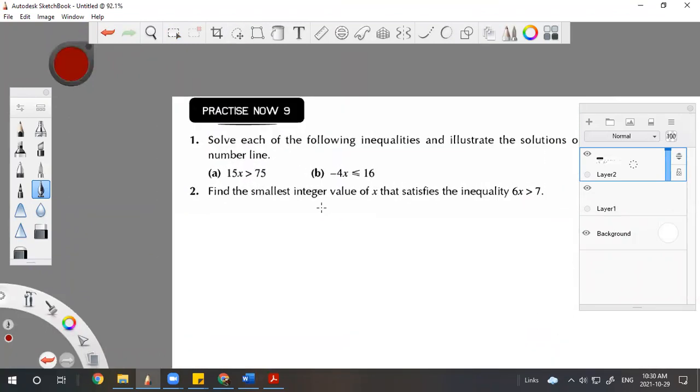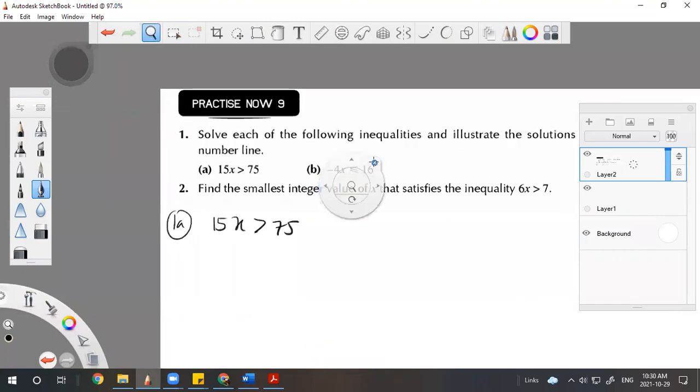Oke, lanjut ajar. 8, 1, 8. 15x is more than 75. So you have to find the x sama, cuman bedanya dia cuman sign-nya doang. Ini bukan equal. Tinggal apa ini? Put the 15 to the right side. So x more than 75 over 15, right?